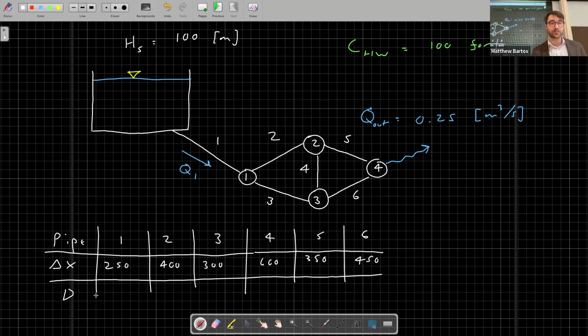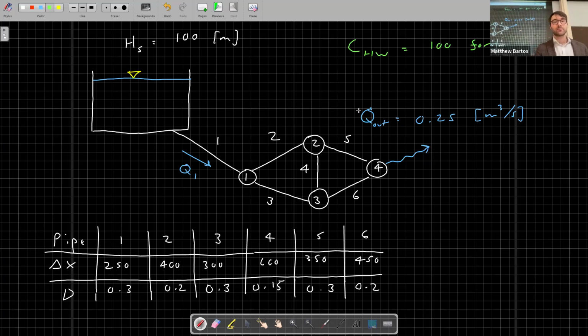For the diameters, again, we have 0.3 meters, 0.2 meters, 0.3 meters, 0.15 meters, 0.3 meters, and 0.2 meters.